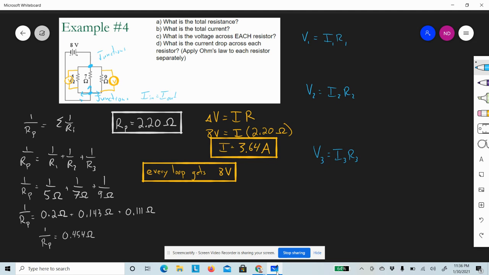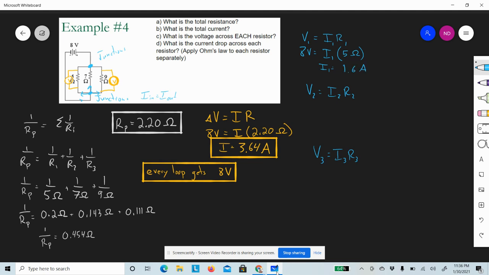What does that mean? Every voltage is the same. So that's going to be 8 volts equals the current through the first resistor times the resistance of the first resistor, which was 5 ohms. So I1 is going to be equal to 8 divided by 5, or 1.6 amps.